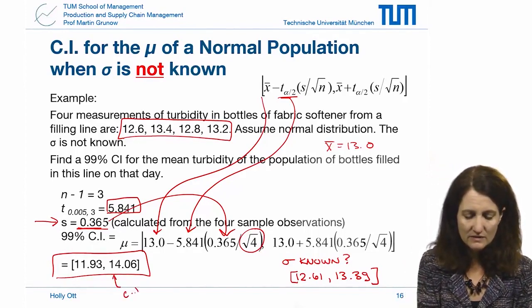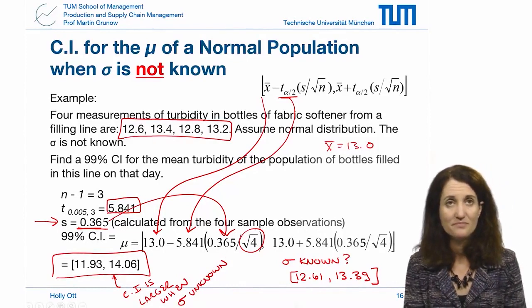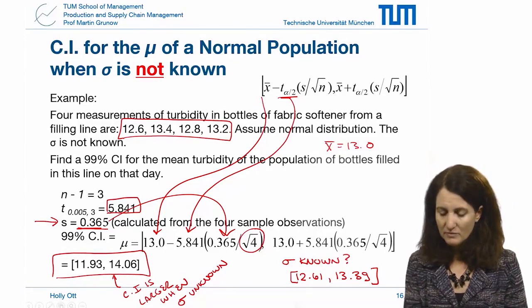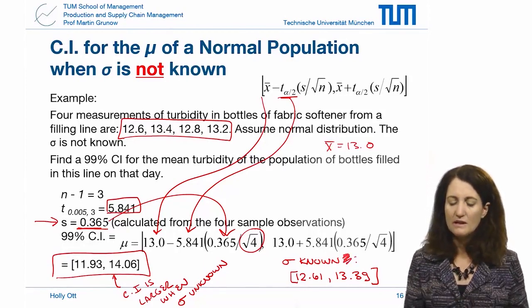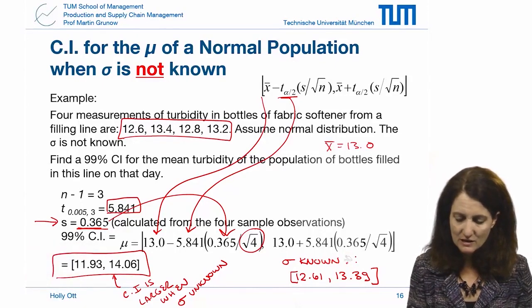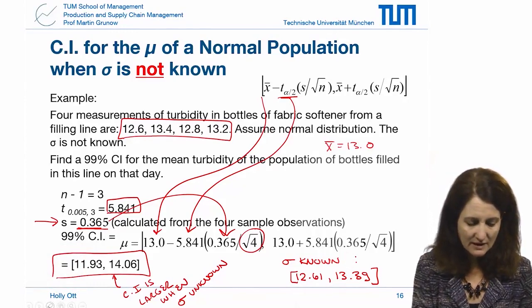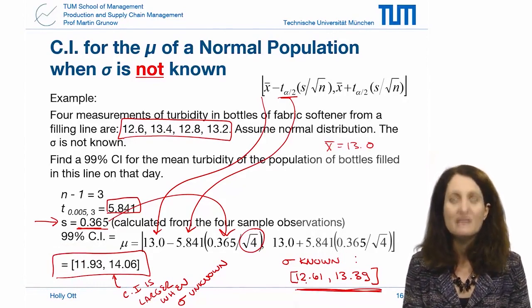The confidence interval is larger when sigma is unknown. Does that make sense? In the case where sigma is known, we can be more exact, and we have a tighter limit.